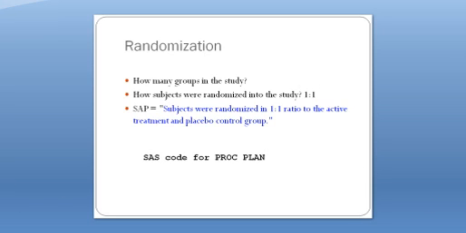So where can you find the randomization information? Well, for any study, usually you would have a randomization CRF. That actually happens after the screening is done and after the investigator made the decision and gets the consent form filled out and then enrolls the subject.